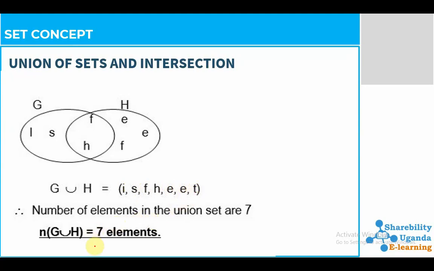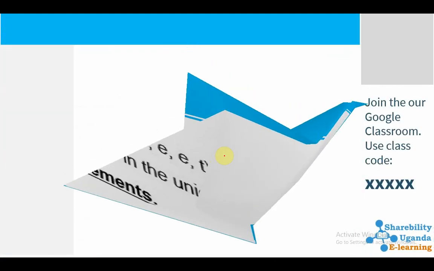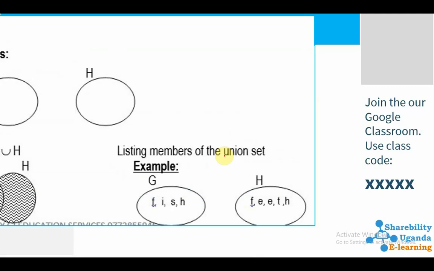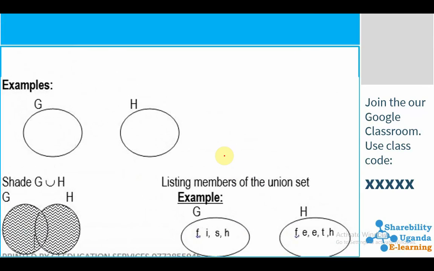These members are 7. Okay, so that is how they get the number of members in a union set. Okay, so we also have another example.